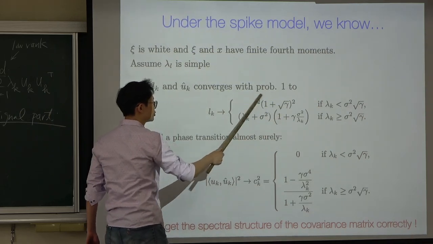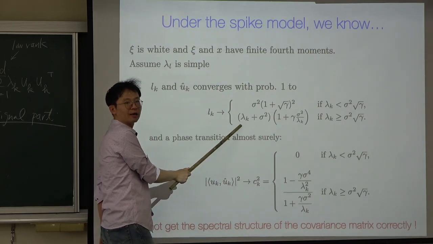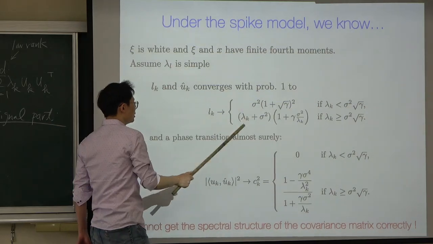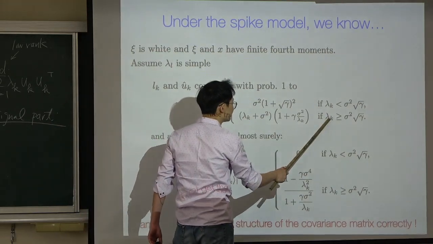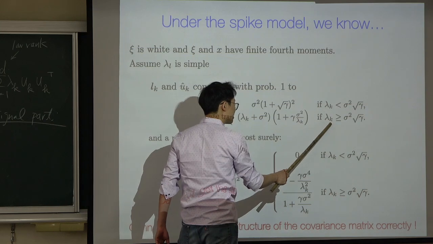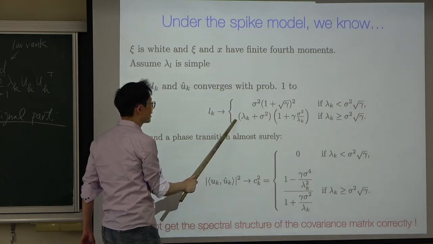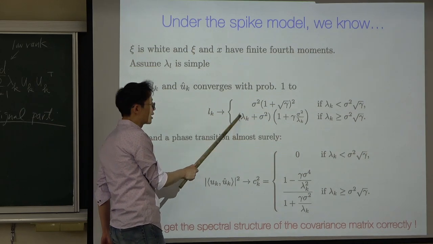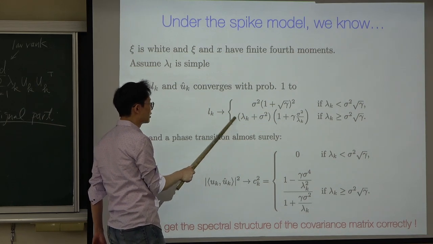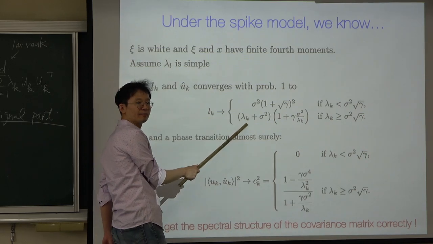You get zero information about the true eigenvalue. But if the eigenvalue is sufficiently large, larger than sigma squared times square root of gamma, then you can get some information about the population eigenvalue.